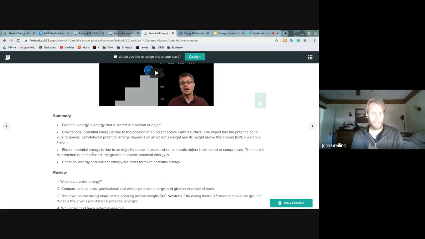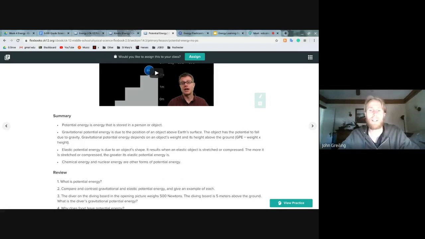Okay. Summary. Potential energy is energy that is stored in a person or an object. Doesn't get much more simple than that. It has the potential to express that energy. Gravitational potential energy is due to the position of an object above Earth's surface. The object has a potential to fall due to gravity.